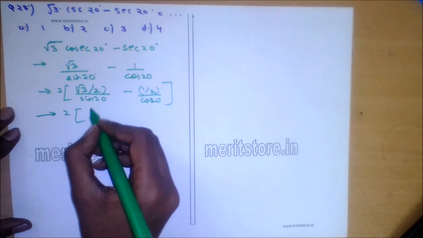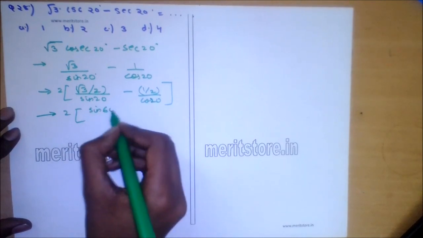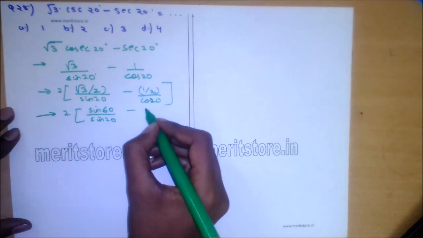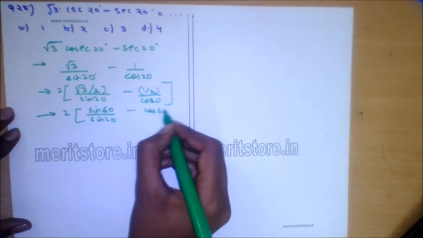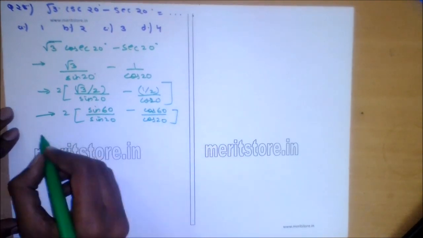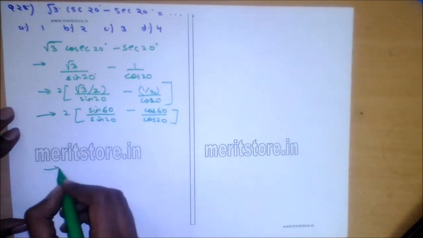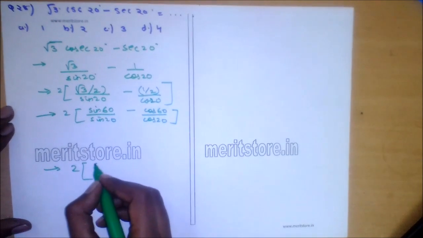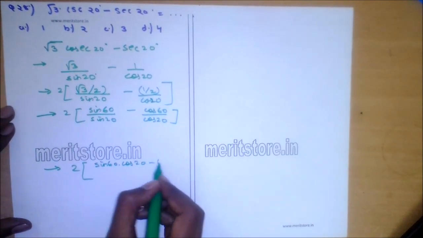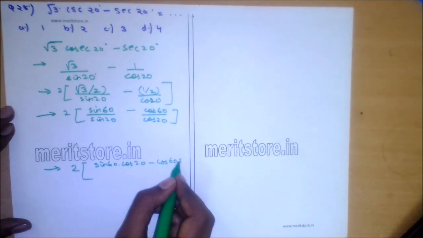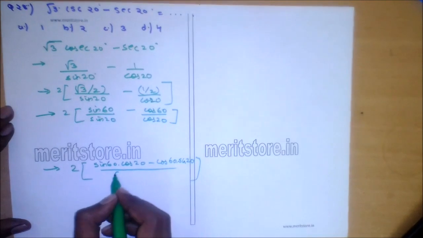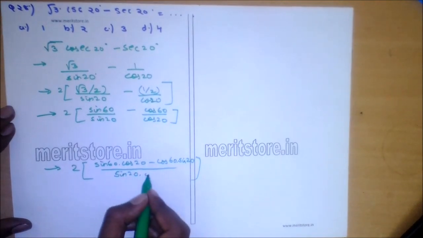So, sin 60 by sin 20 minus cos 60 upon cos 20. Now we cross multiply, we get 2 into sin 60 cos 20 minus cos 60 sin 20 divided by the denominator sin 20 cos 20.